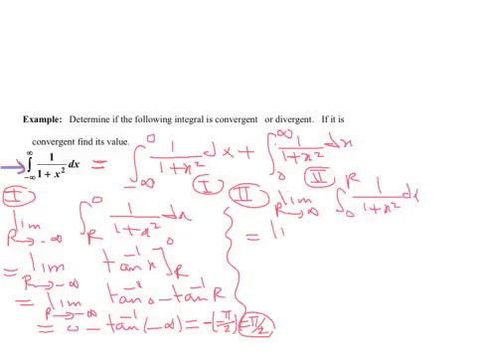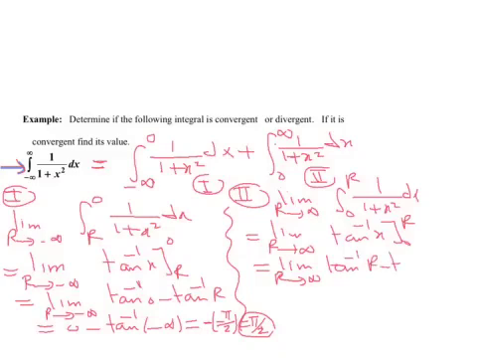This is equal to the limit r goes to infinity, tan inverse x from 0 to r, which is equal to the limit r goes to infinity, tan inverse r minus tan inverse 0, which is equal to tan inverse infinity minus tan inverse 0, which is pi divided by 2, since tan inverse infinity is pi divided by 2.